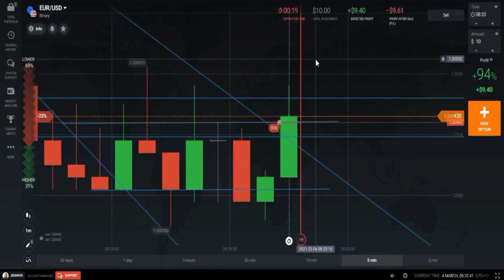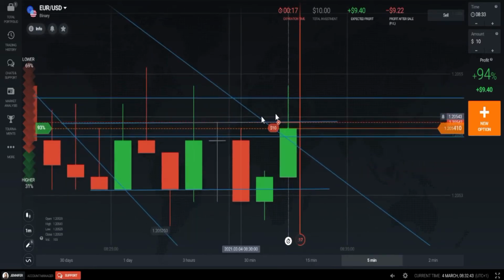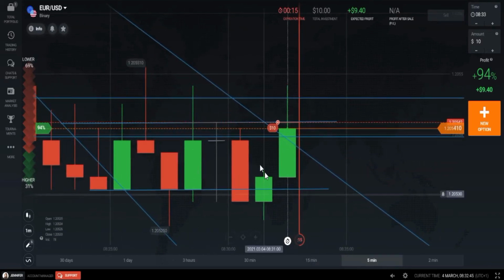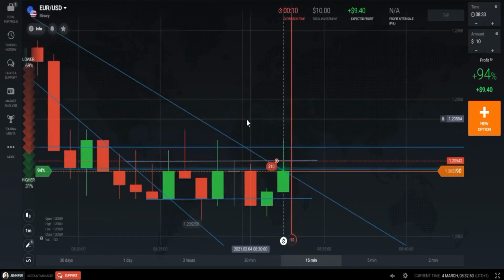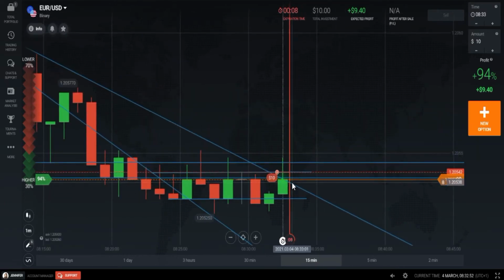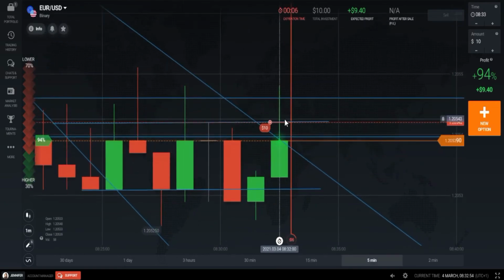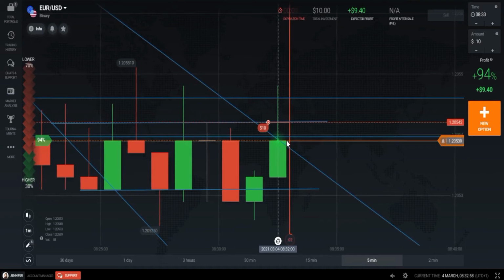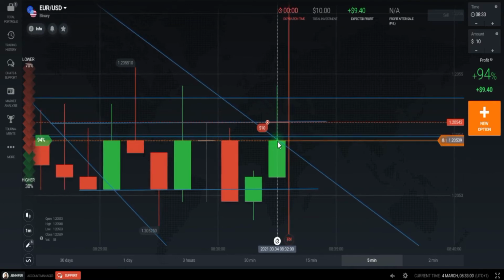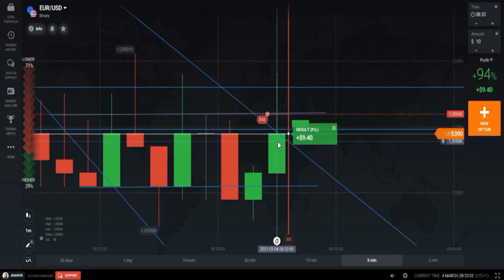I don't know how to explain it, but it's the highest point that the previous candles reached and could not exceed. And we have the trend line also as a confirmation. So it's two factors that the price will push down. And you guys can see it's a good trade. We have a total of $55 of profit.